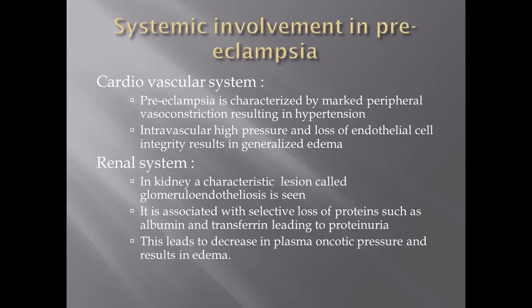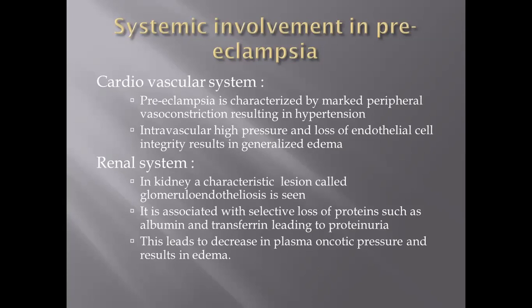You have studied the normal physiological changes of pregnancy previously. So in normal pregnancy, there is peripheral vasodilation. And preeclampsia is characterized by a marked peripheral vasoconstriction resulting in hypertension.